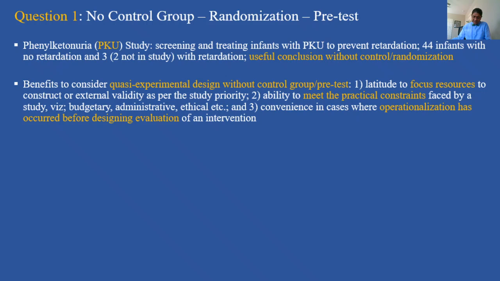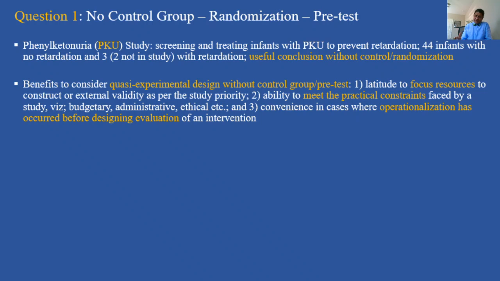The second utility is to meet the constraints that are typically faced in the study. Having a theoretical randomized experiment is always possible, but in reality, it's not always possible due to budgetary constraints, ethical constraints, even having a control group is not possible everywhere, and administration constraints.